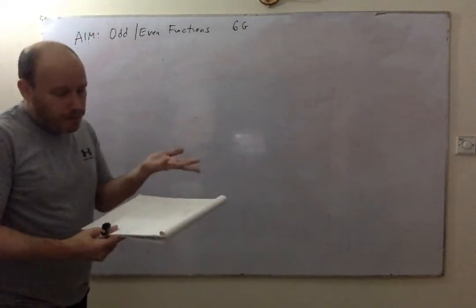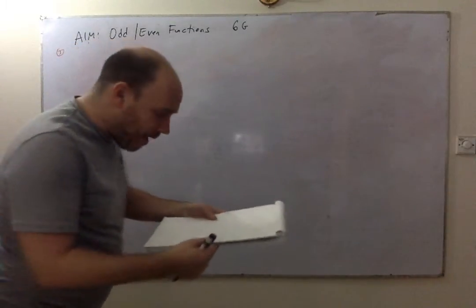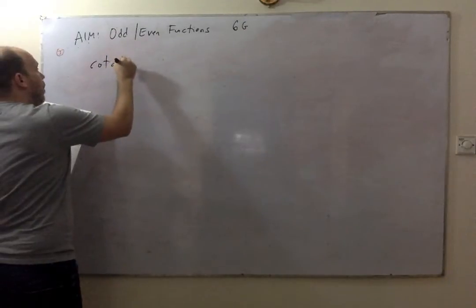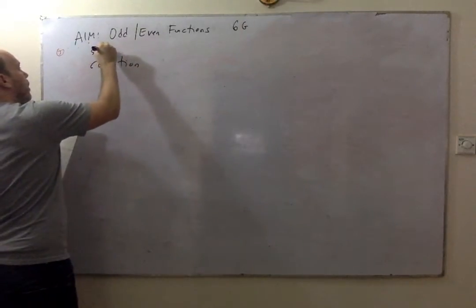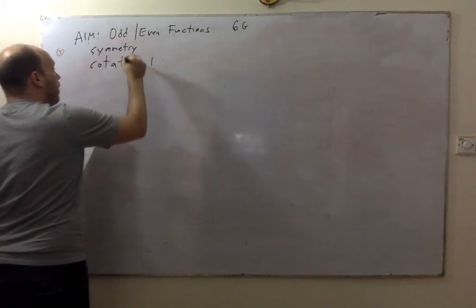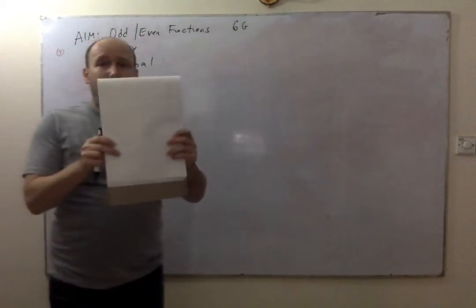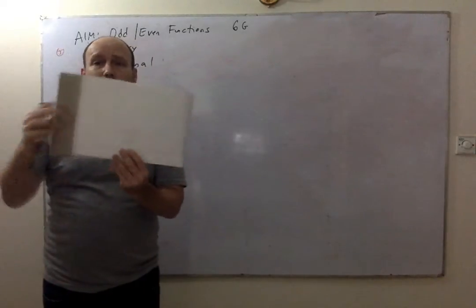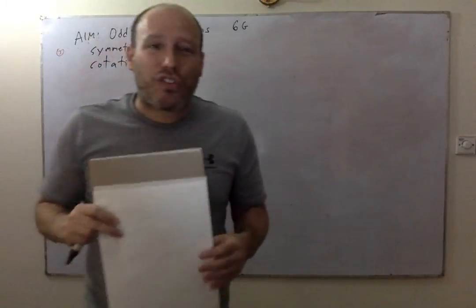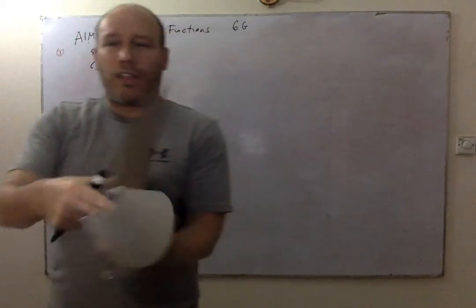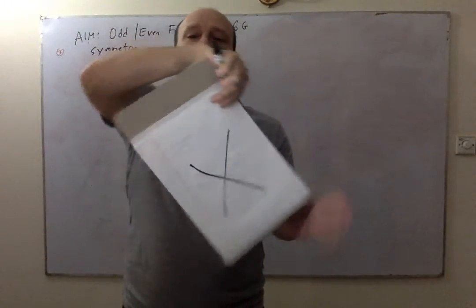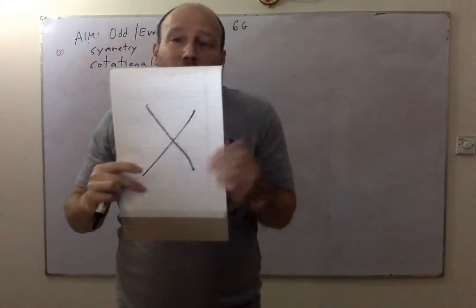There are 3 types of symmetry. Though there are many types of symmetry, the main ones are rotational symmetry. Simply put, the idea is if I rotate something a certain number of degrees and it looks like I didn't move it at all, like the letter X. Here's X on my paper, and then I rotate it 180 degrees and it looks like I didn't change it.